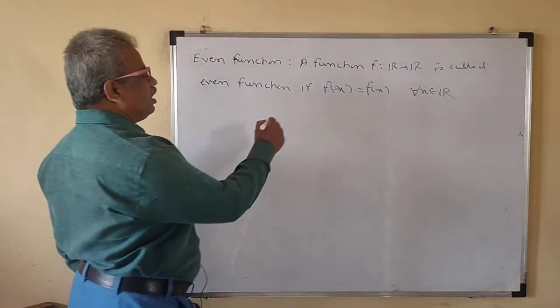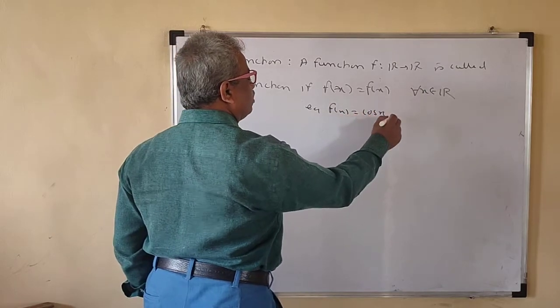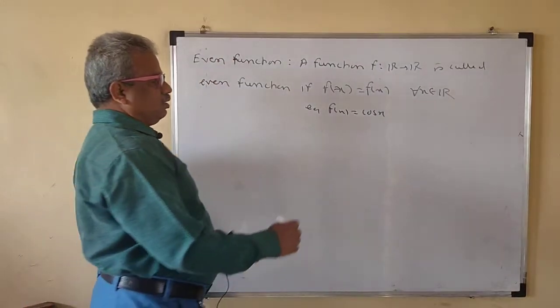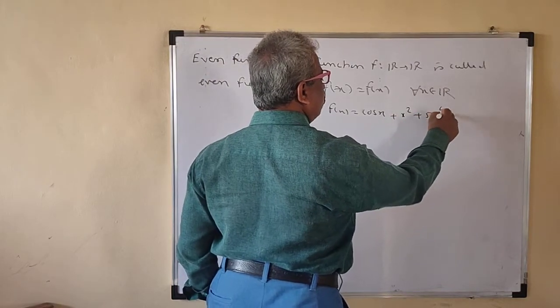Okay, now you will see this example: f of x is equal to cos x plus x square plus 5x to the power 4, an even power.